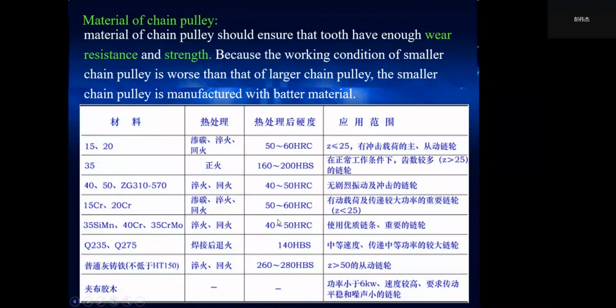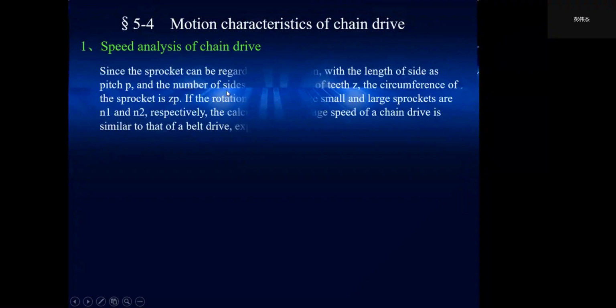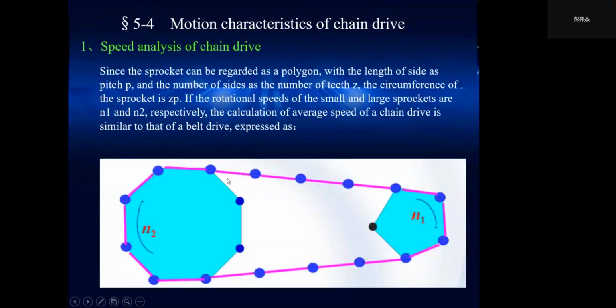This is the hardness, and this is the material. And then let's proceed to the next part: the speed analysis of chain drive.